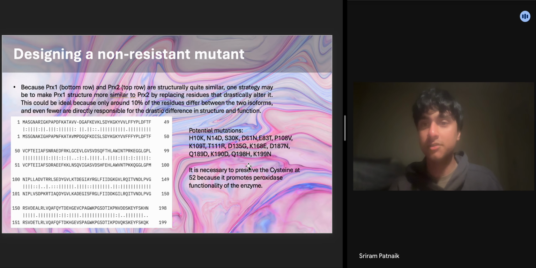So how do we go about designing a non-resistant mutant? Our first step would be to align both PRX1 and 2 to compare where they differ structurally.